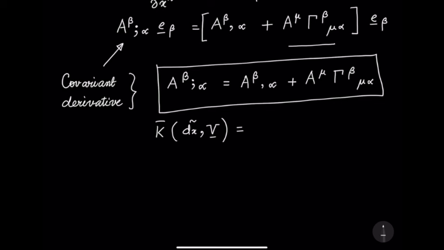So it will be del v vector del x alpha. And remember that dx are nothing but w. So I can put in w beta, say for example, here.